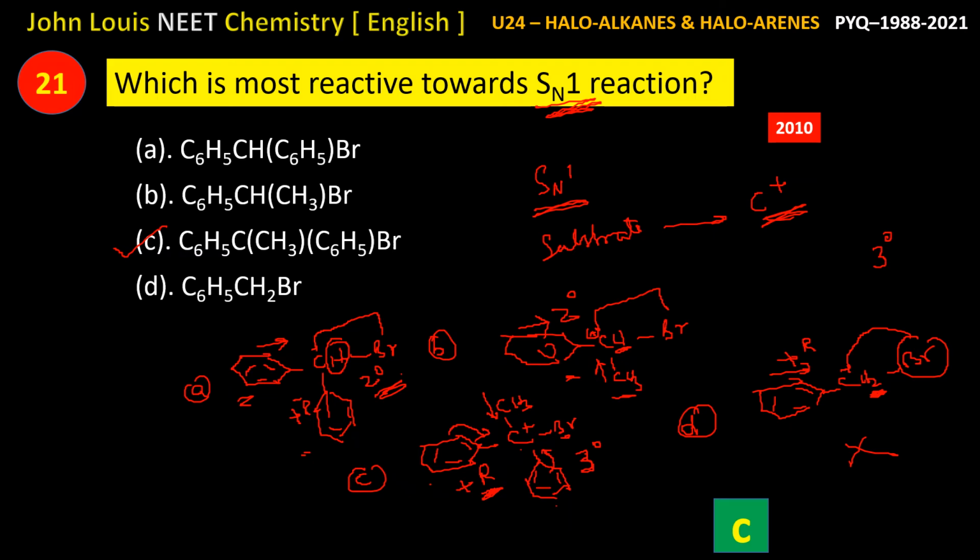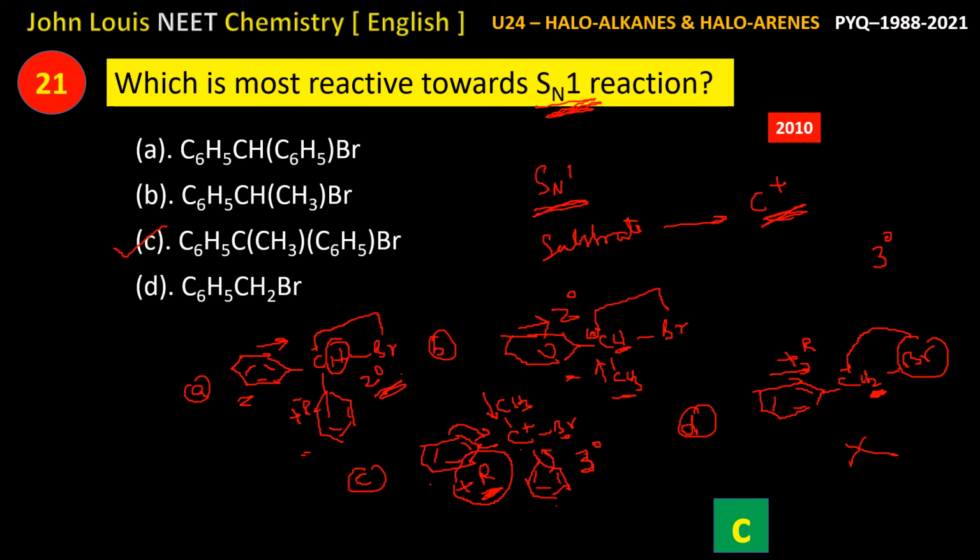So if anybody asks you, how do you prove or how do you know that the tertiary carbocation in option C is more stable? Because the carbocation is bonded to two phenyl rings and one methyl group. The two phenyl rings, due to plus R effect, are pushing their electrons towards the positive carbocation.